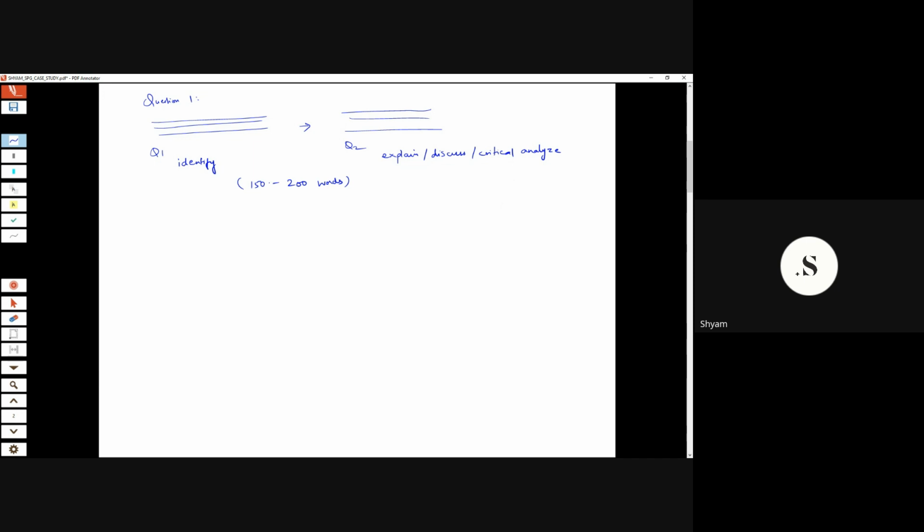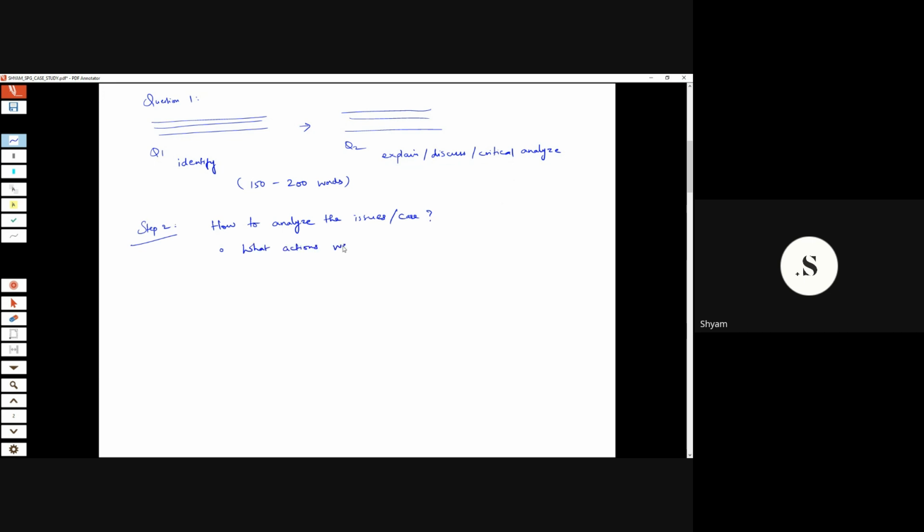Once you read the case study and the questions, move on to the next step, which is analysis of the case study. So how does one analyze a case study? You have to ask yourself these questions.